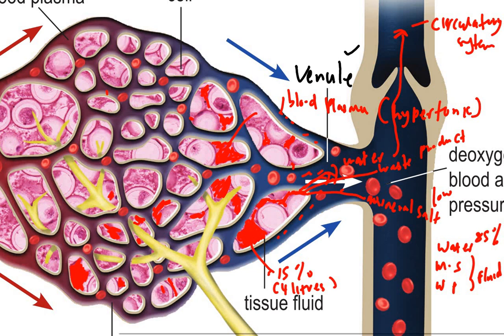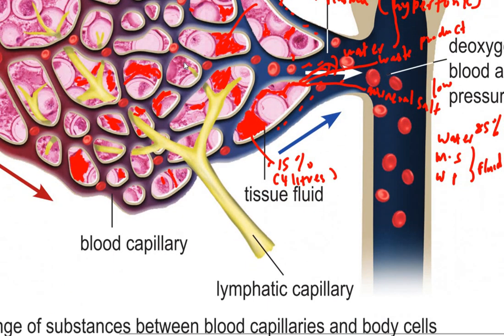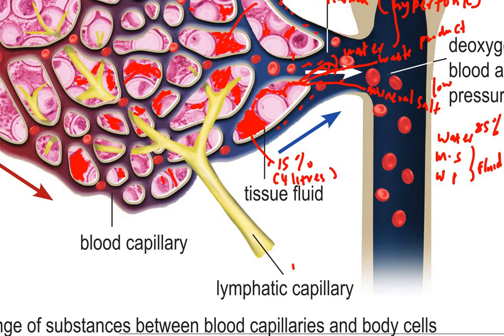So what happened? This fluid must be returned back to the blood circulatory system. So how to return back? The lost fluid is collected and returned to the blood through the lymphatic capillary. So we have this lymphatic capillary here.